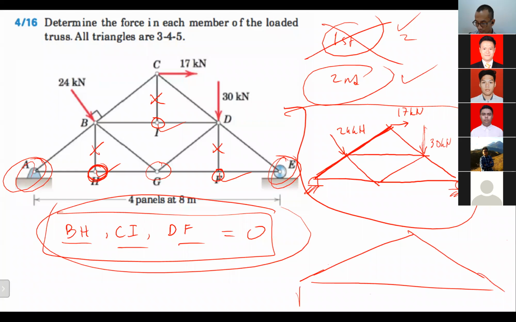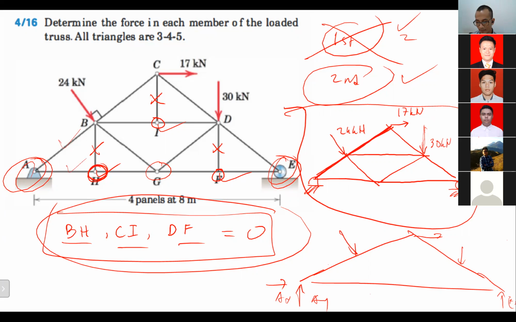Then we can solve for AY, AX, and EY based on the external forces that we have there. After solving for AX, AY, and EY, then you can solve for joint A or joint E, whichever you want to start first. It's up to you. If you solve for joint E, then you can find AB and AH.